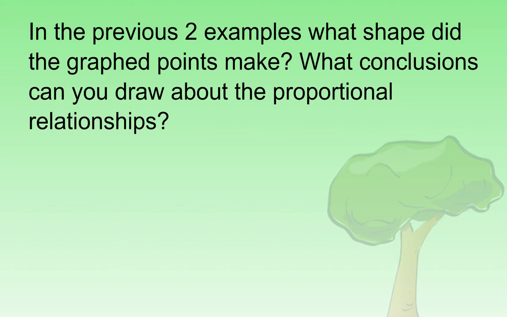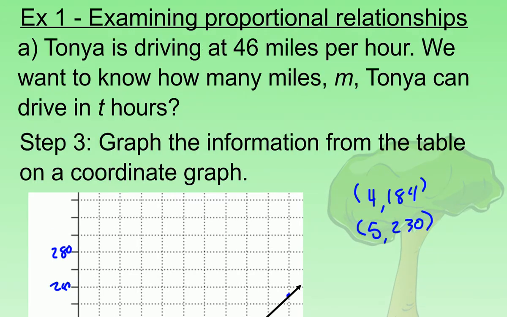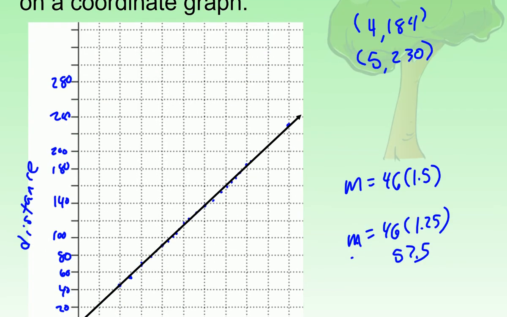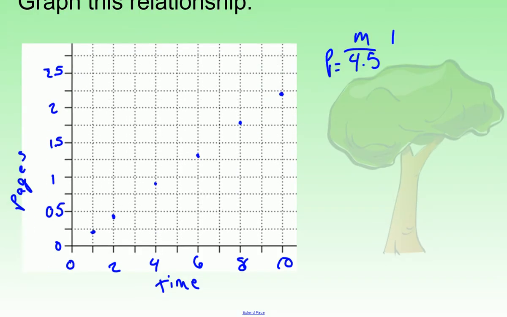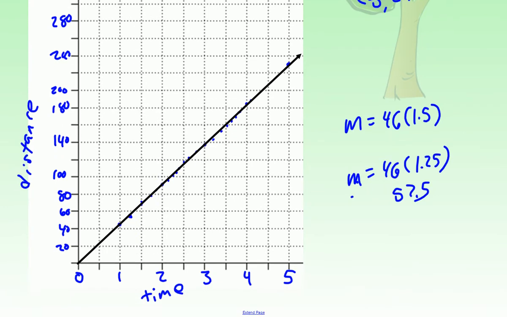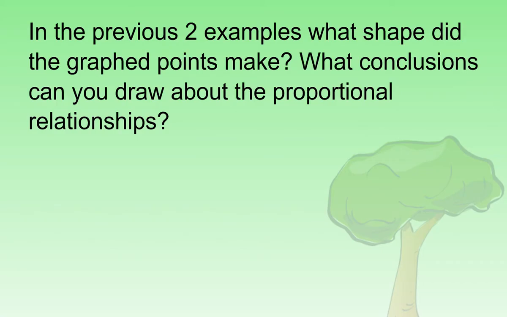Alright, so you should have seen in the previous two examples, the graph made a line. A straight line here, straight line here. So the graphs of proportional relationships are linear. Linear means it makes a line. And the second part says, what conclusions can you draw about proportional relationships? Well, proportional relationships are linear. They make a straight line.